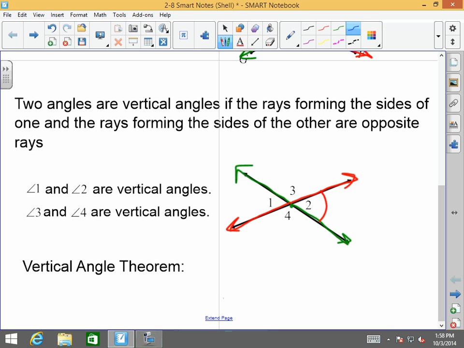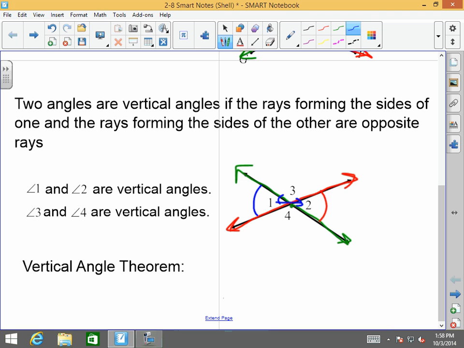If you look at angle 1, same difference. You have the red ray and the green ray, which are part of two opposite rays, and the angle they form, okay, is going to be vertical to angle 2.